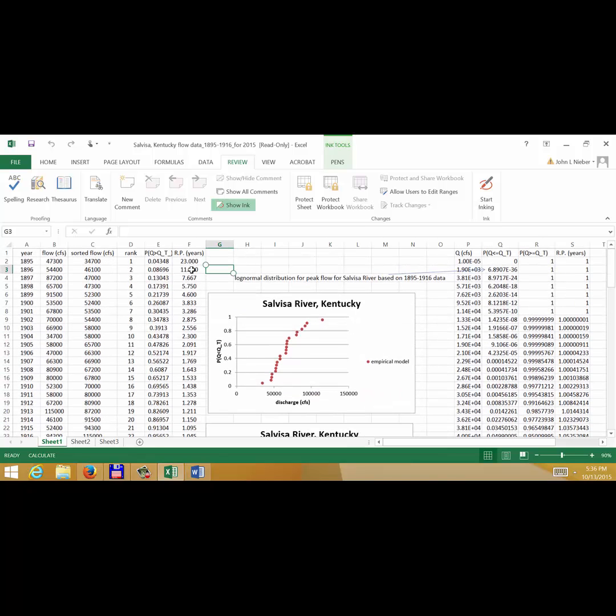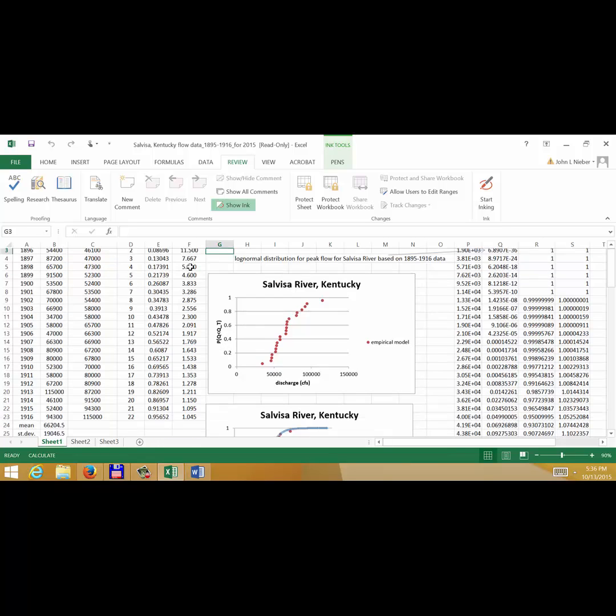Now, I won't concern us right now with the RP, which is called return period. For right now, we'll just leave that off at this point. And actually, the numbers that are in column F are not even correct. Right now I've got the wrong formula for that, and these numbers would actually reverse.